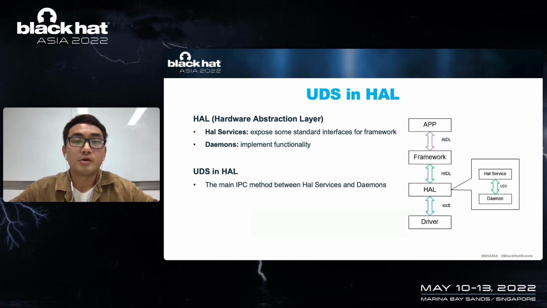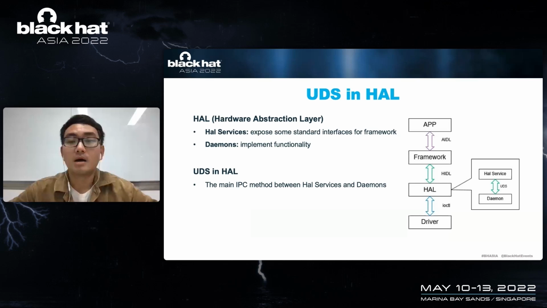Another usage scenario is the hardware abstraction layer, as shown in the diagram. The HAL defines a standard interface for hardware vendors to implement, which enables Android to be agnostic about low-level driver implementations. A complex HAL module usually consists of 2 types of process.